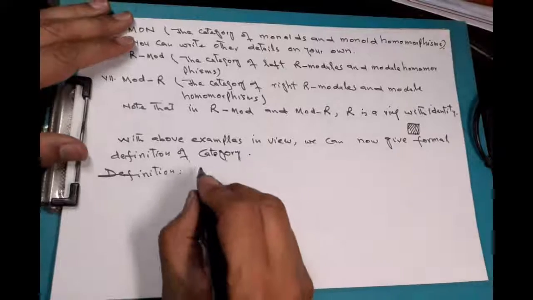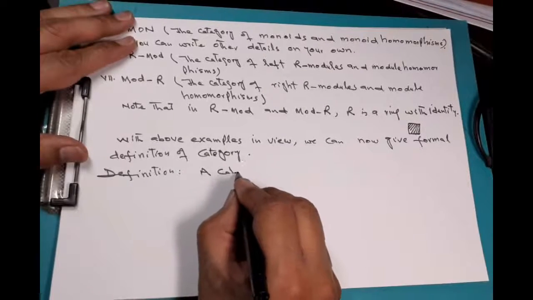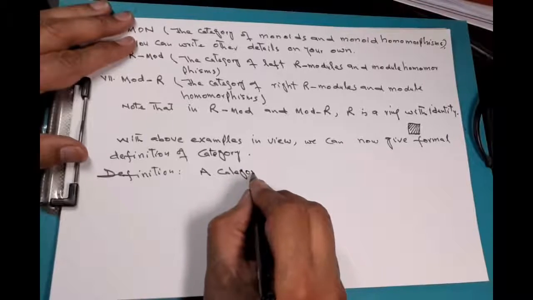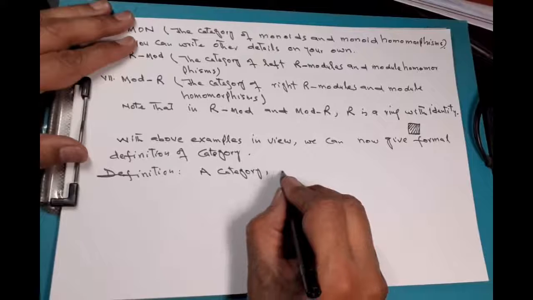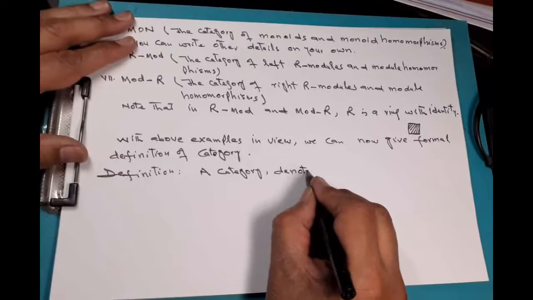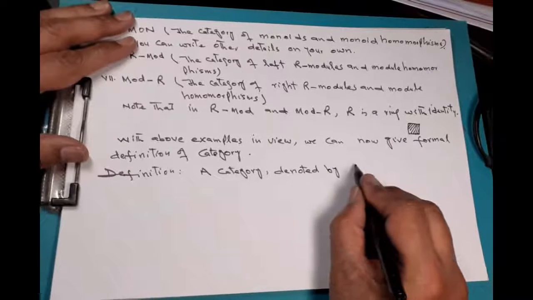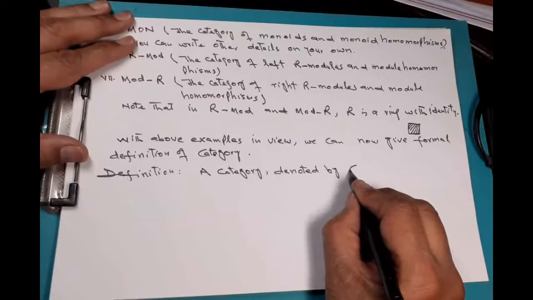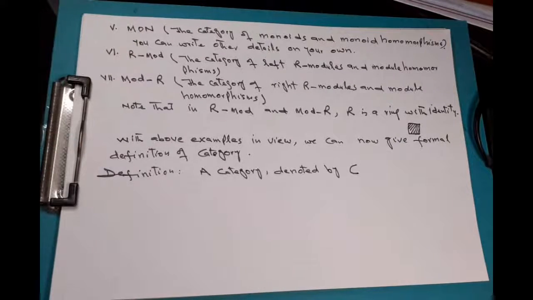So a category, formal category, general category, we will write it as C, but C we write for set as well, and for the field of complex numbers.